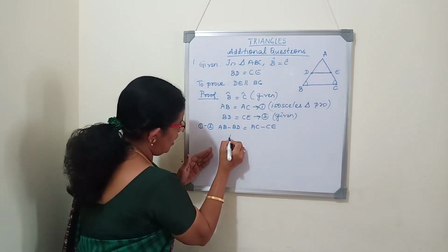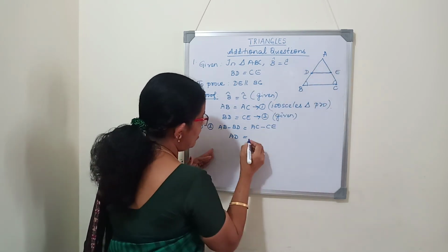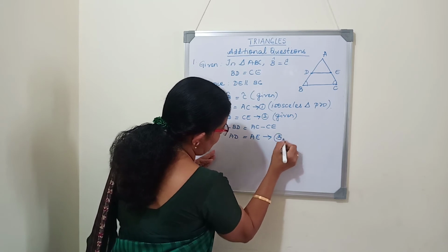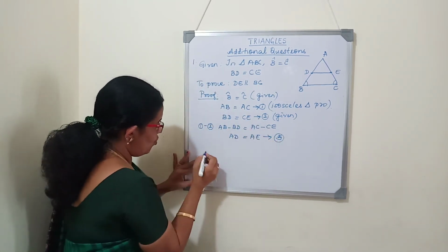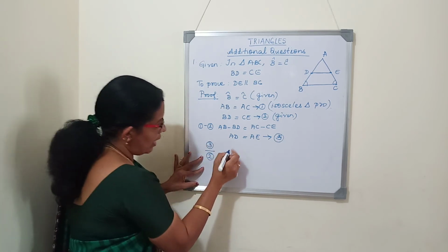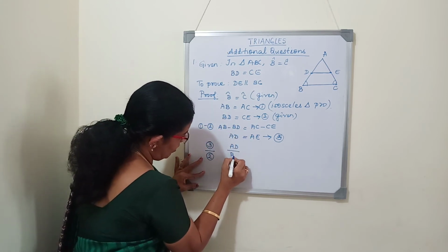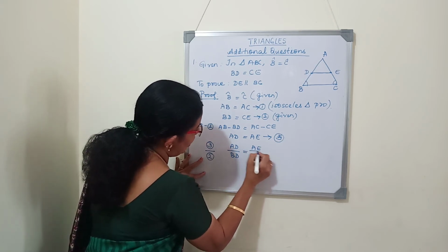AD is equal to AC minus CE, we will get AE. This we will write as equation 3. Now equation 3 and equation 2 we will divide, that is 3 divided by 2. Equation 3 is AD by equation 2 is BD, and on the right side, equation 3 is AE by CE.